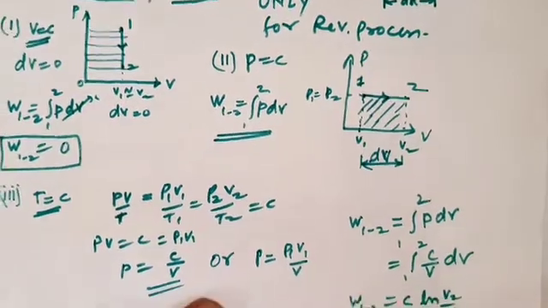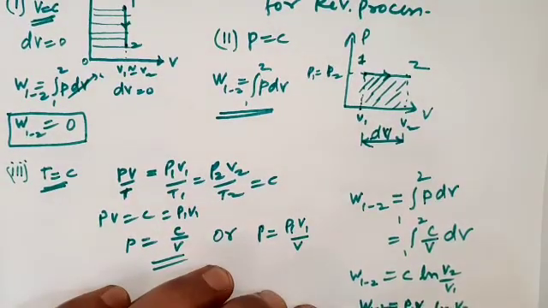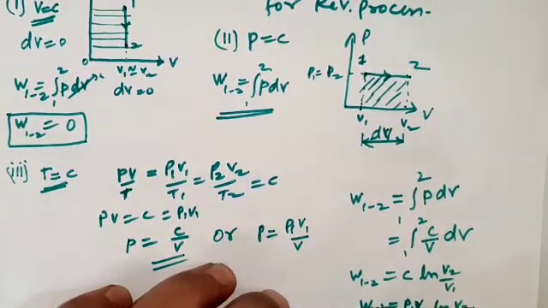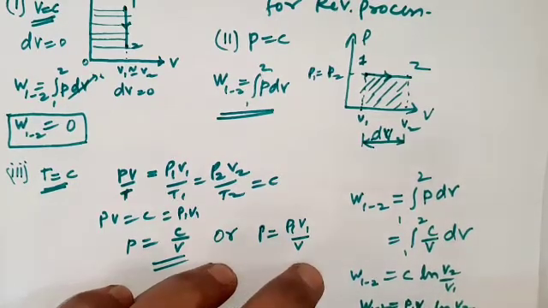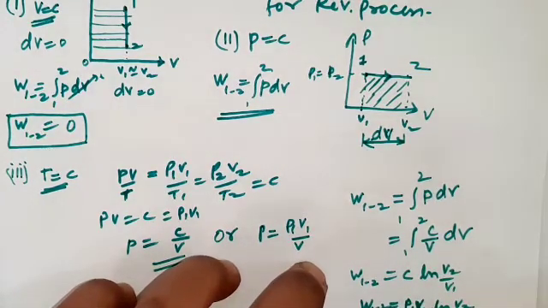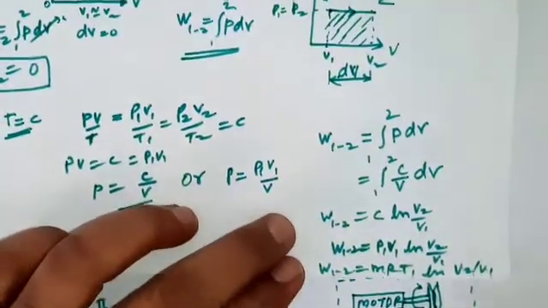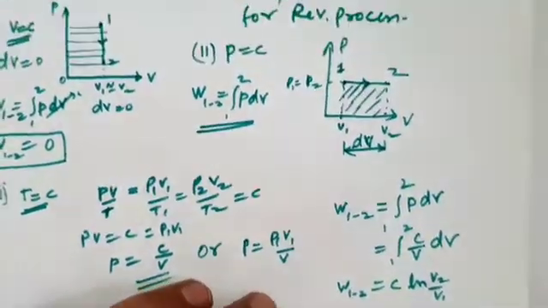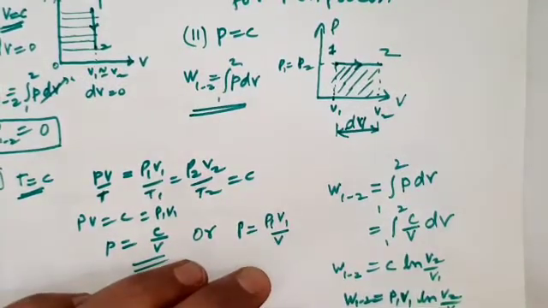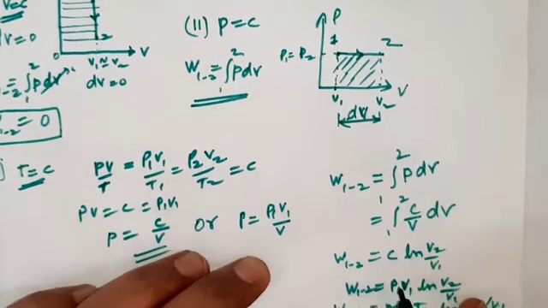Okay, or we can say W1 to 2 is equal to MRT1 ln V2 upon V1, because PV is equal to MRT.